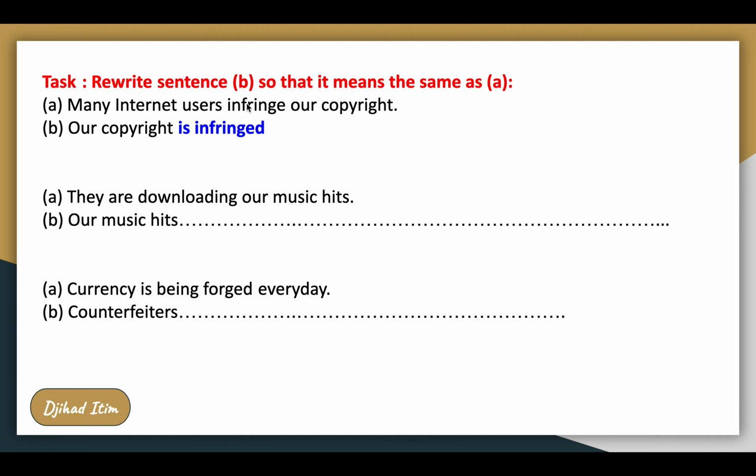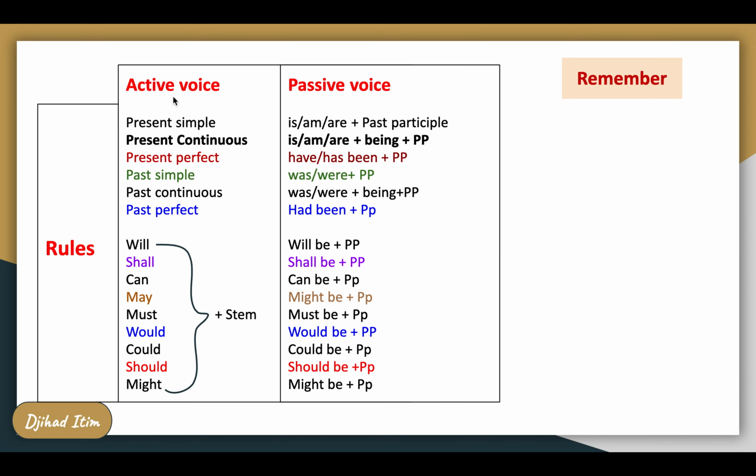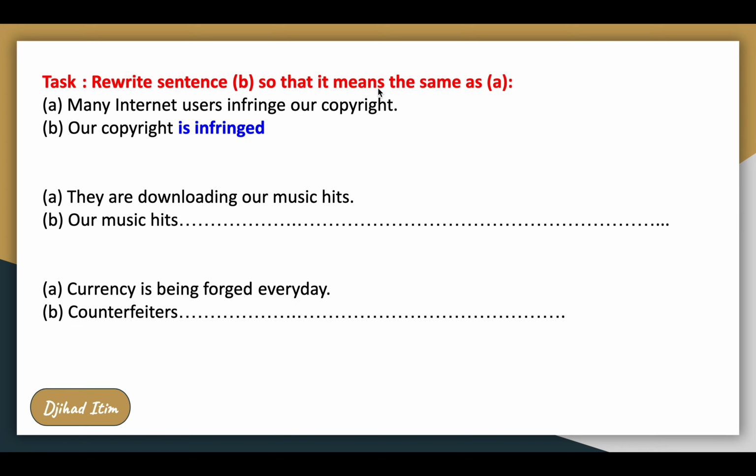Because the verb in the active voice is in the present simple, and when it is in the present simple, it turns into is, am or are plus past participle in the passive voice. So we say is infringed: auxiliary to be plus past participle of the verb to infringe.